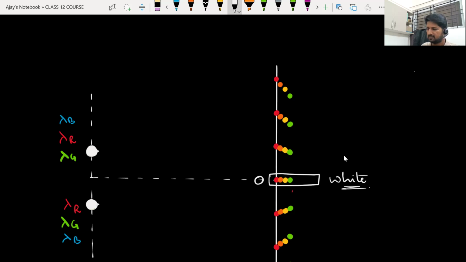Yes, sir. But if you go away from the point O, for example, let's say you go to this point on the screen. At that point on the screen, red has a maximum, other colors don't have a maximum.